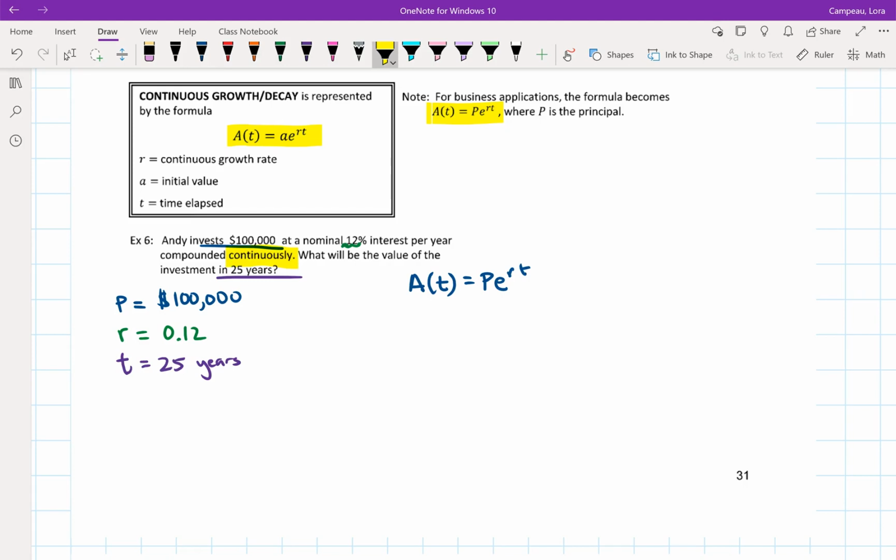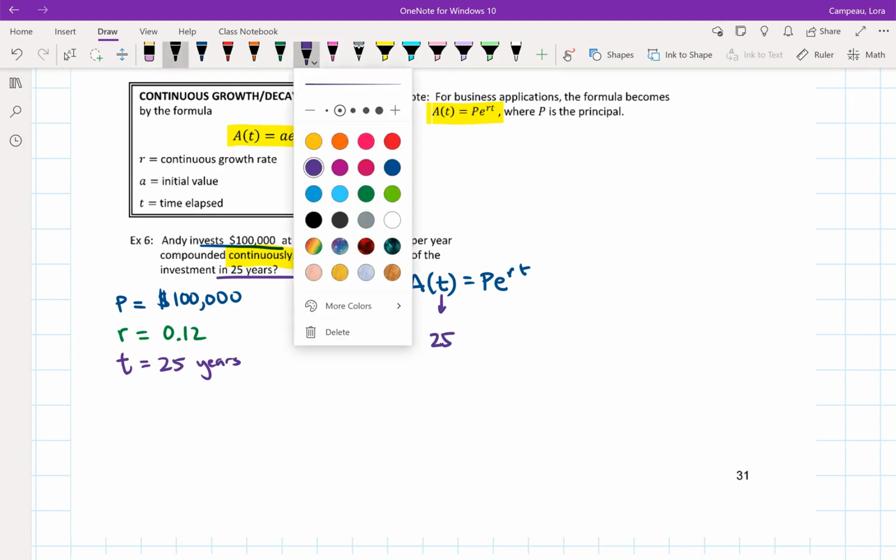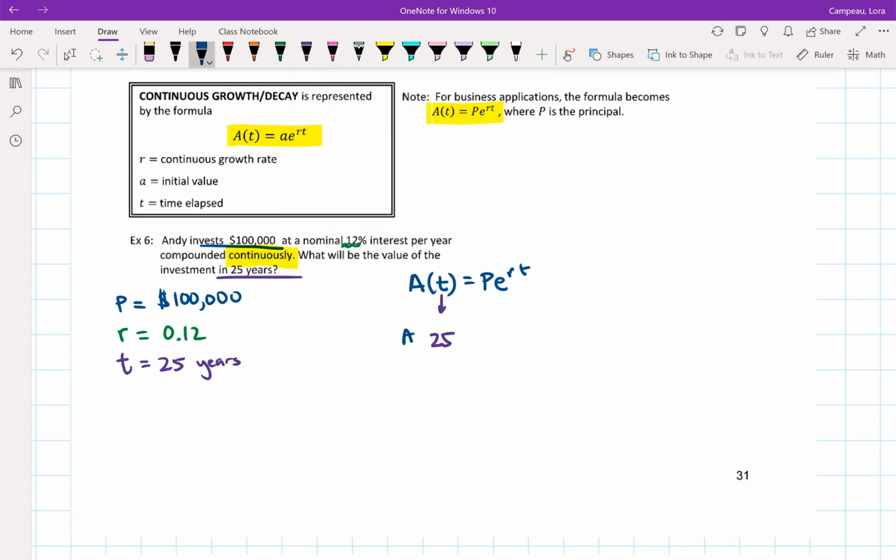So if we're trying to figure out what will be the value of the investment in 25 years, all we're doing is plugging in for time. So T will be 25. We're calculating the function evaluated at 25 years. So we'll plug in everything we know. P is 100,000.